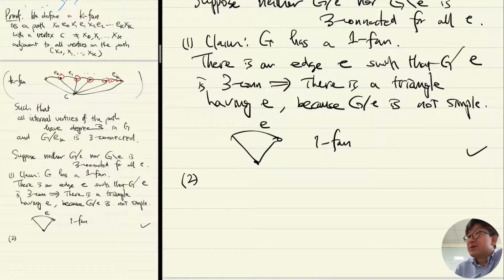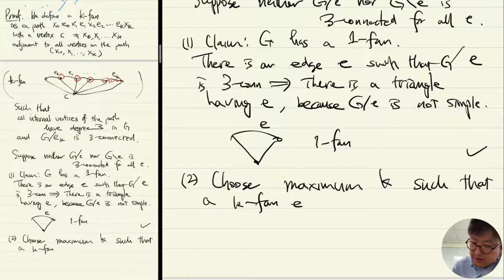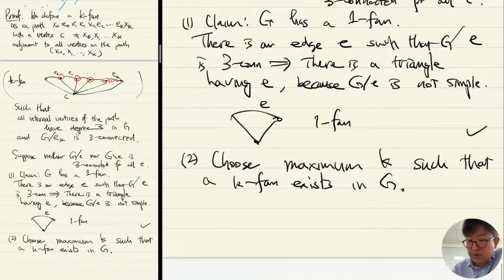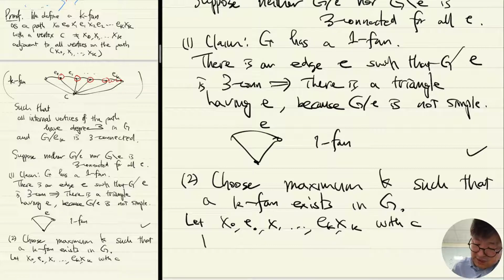So that's okay. Now what we do is we choose a maximum K such that a K-fan exists in G. So let x0, e0, x1, ..., ek, xk with c be the K-fan in G. I should say a K-fan.